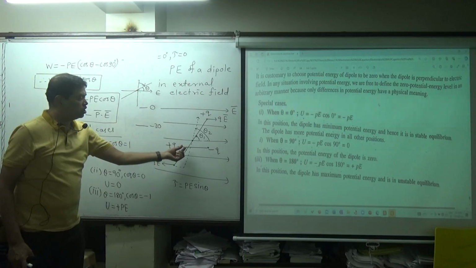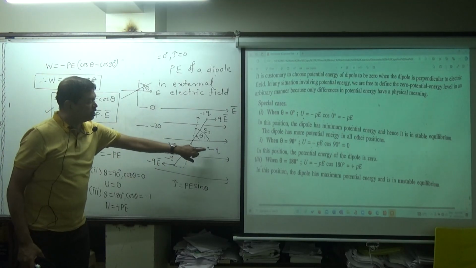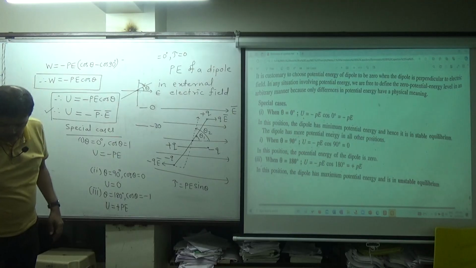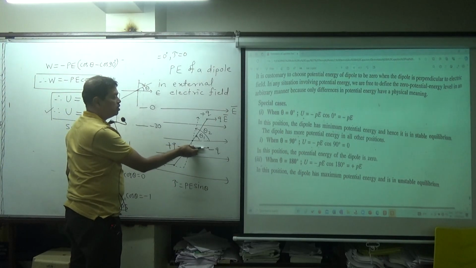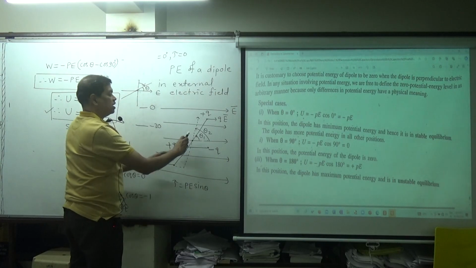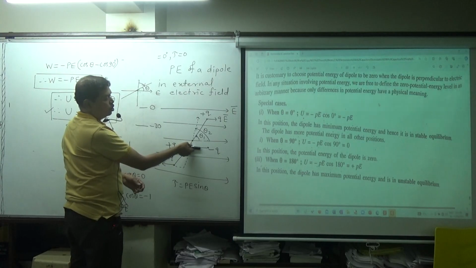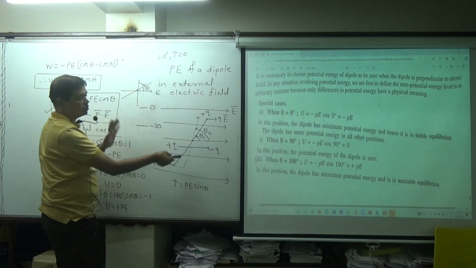Okay, even if you displace it slightly, it will rotate and go to stable equilibrium. Stable equilibrium means: I have kept it, by some means, in unstable equilibrium and slightly displace it. It will swiftly turn around and go to the stable equilibrium position.